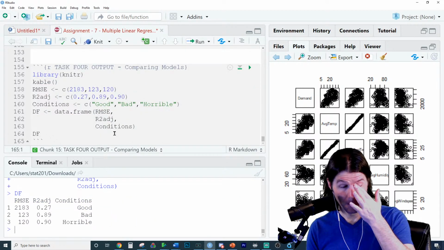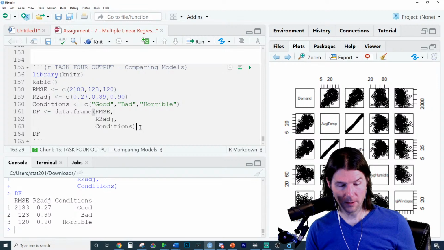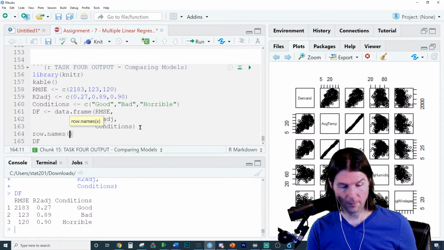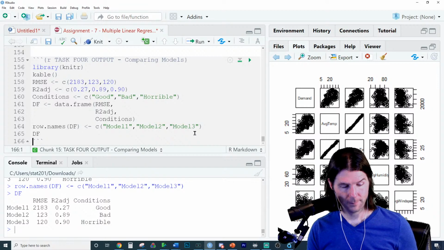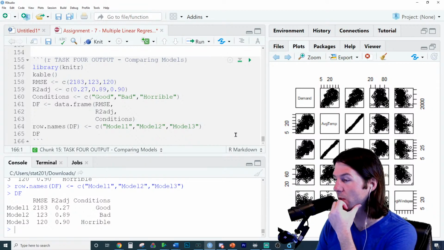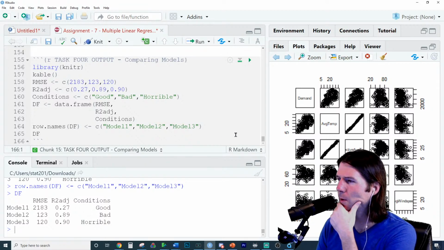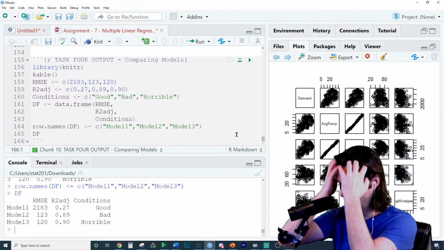Okay, there we go. And we could do row dot names of the data frame, concatenate model 1. So there we go. I used it with ANOVA. Send me your code on that again because I haven't used it so much.